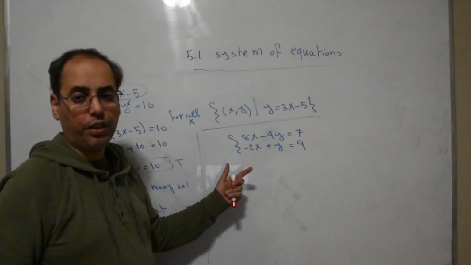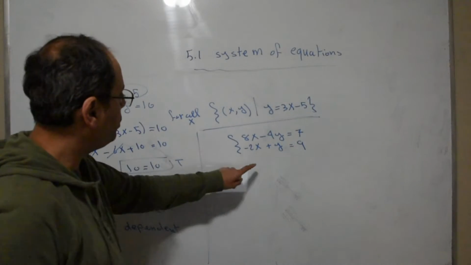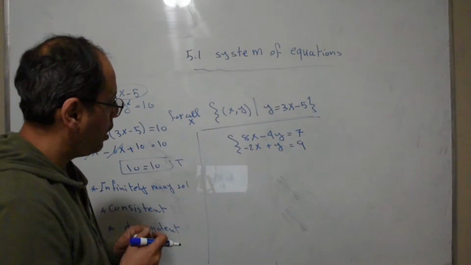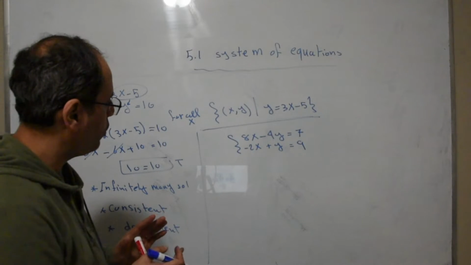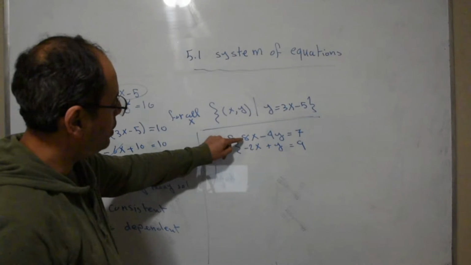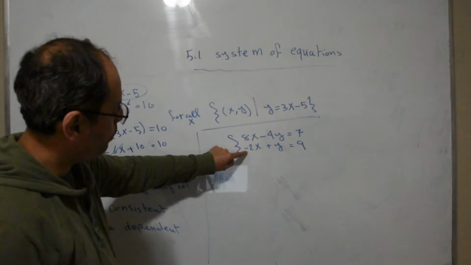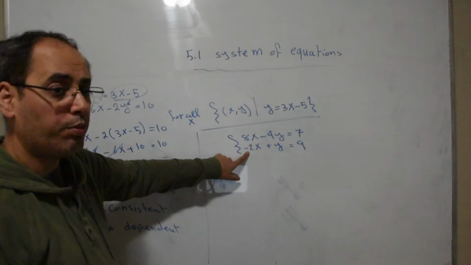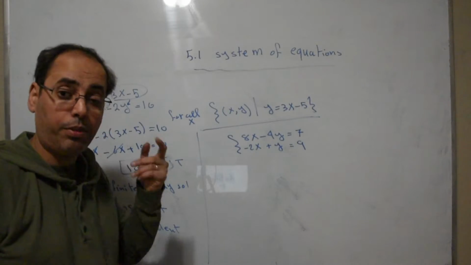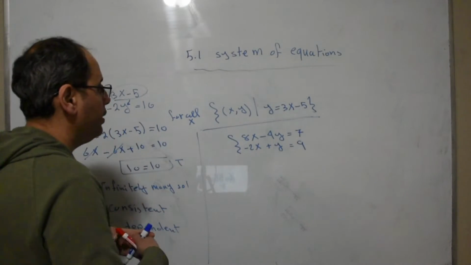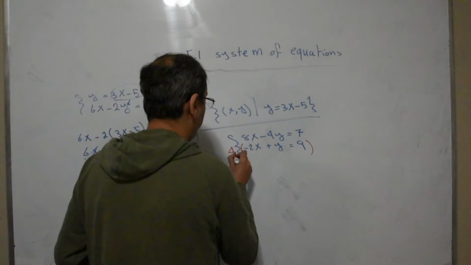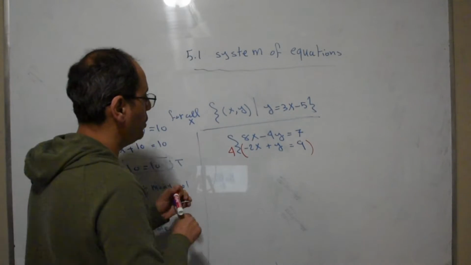Once I'm done with this problem, I need to make some comments on these two examples. Alright, so now what should I do? This is 8 and this is negative 2. So if I multiply this by 4, I get negative 8 and I get rid of x. Does it make sense? So I multiply the second equation by 4.